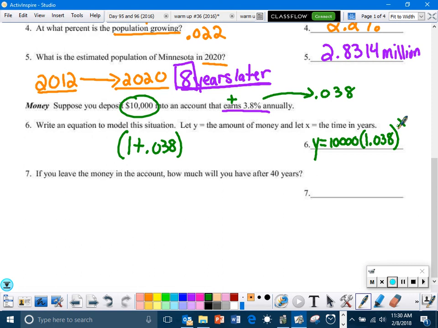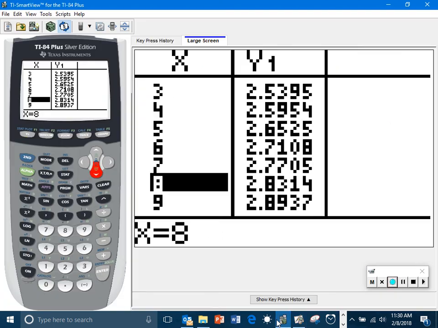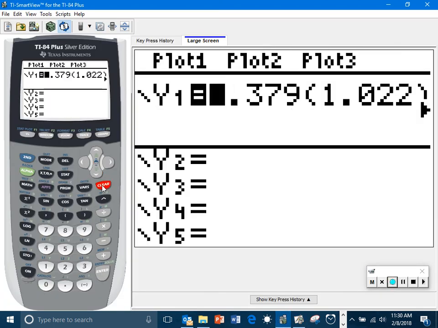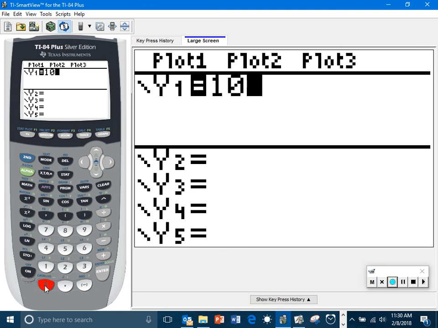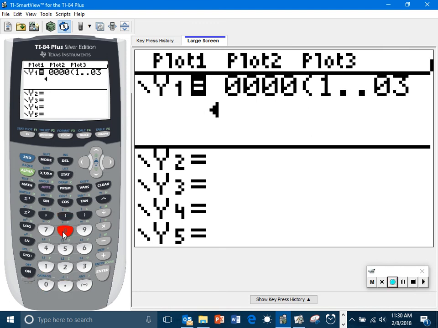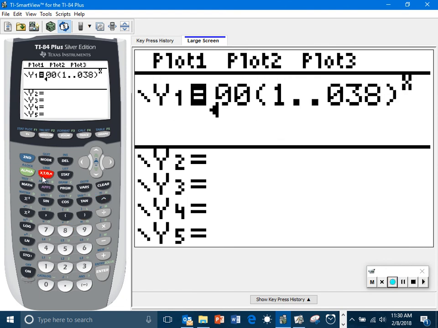Just like the other problems, we're going to go to our calculator, go to our y equals, and type in our $10,000. And then we're going to put our 1.038 raised to the x power.